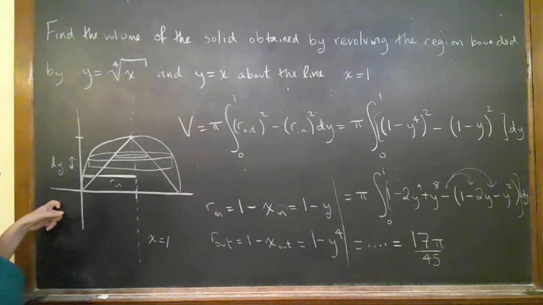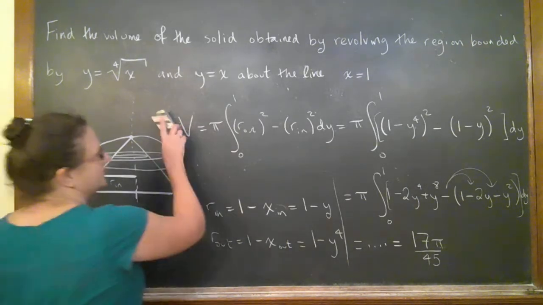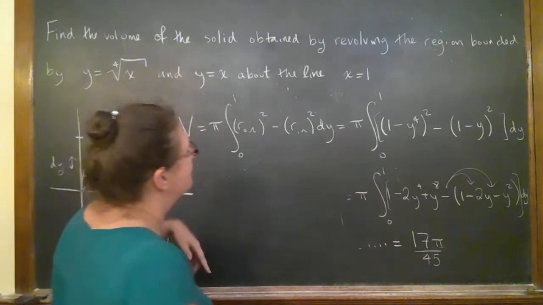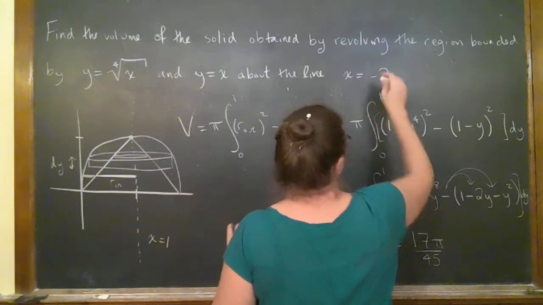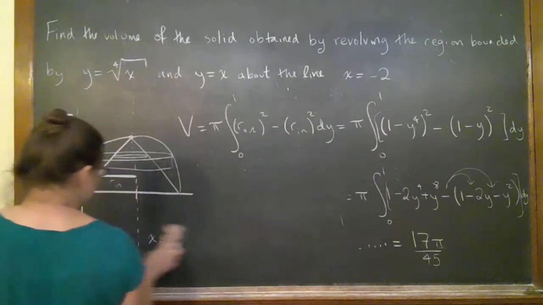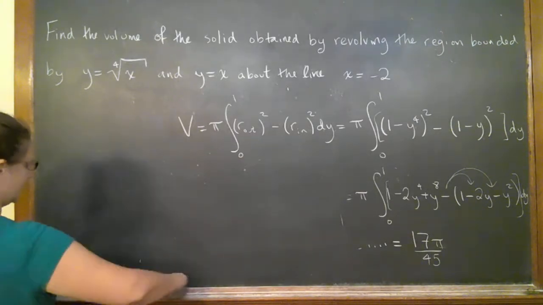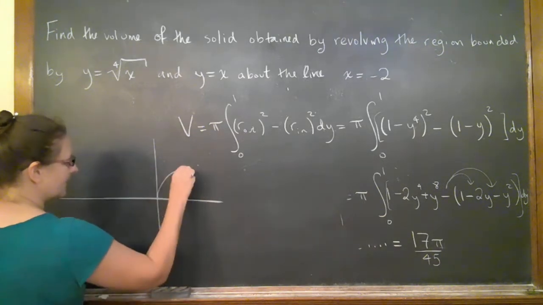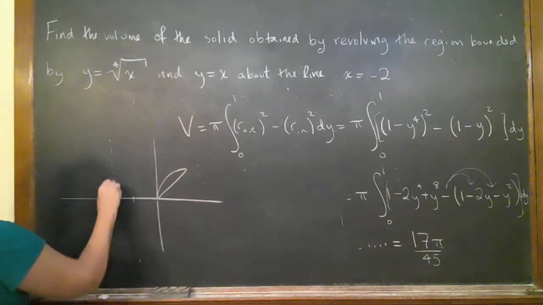Minus negative something, right? For example, we could do the same problem, but instead we could do it over here. Let me just set that up. So let's say instead of going about this line, we wanted to go around the line x equals negative 2. So I have to change my picture a little bit. I'm here, and then I'm over here.